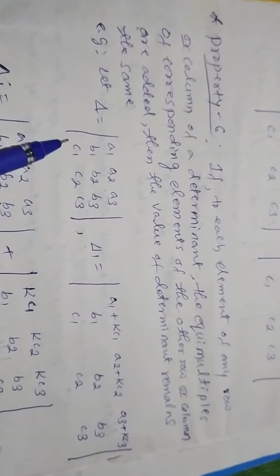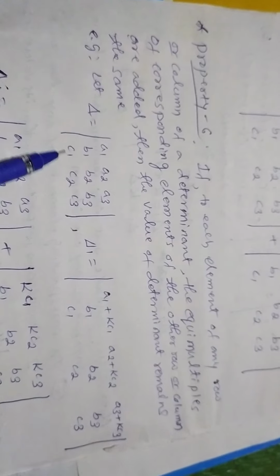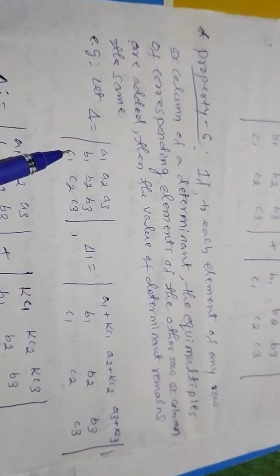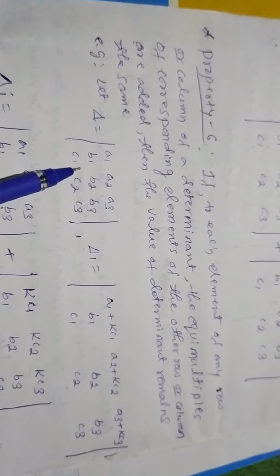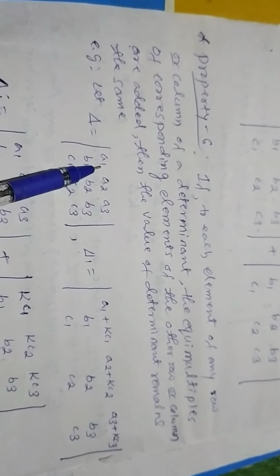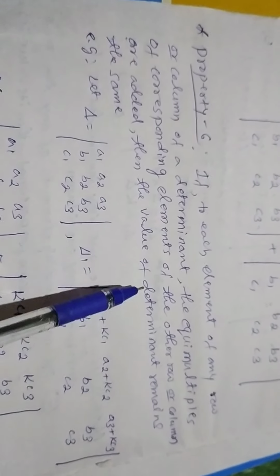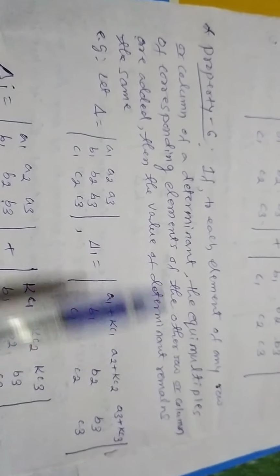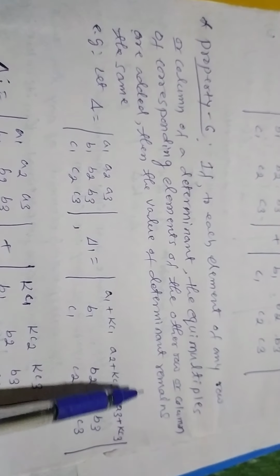Here you multiplied row 3 with k: k c1, k c2, k c3. After multiplying row R3 with k, you added those equimultiples to R1 according to the statement, and even after all this, the value of the determinant remains the same.